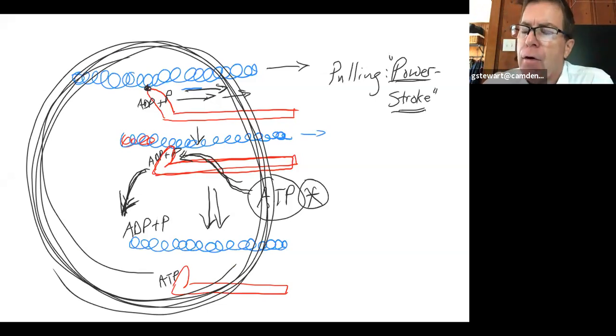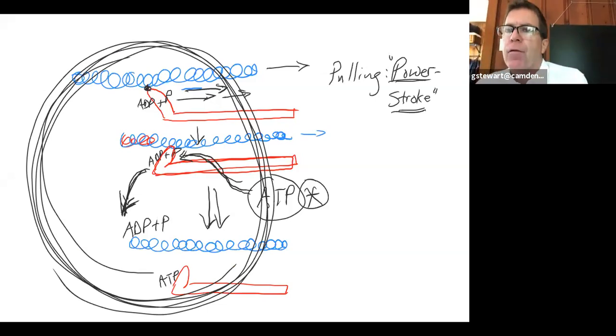I'm sure some of you have heard of the term rigor mortis, which is the continued state of skeletal muscle contraction after a person dies. This whole process sort of explains how rigor mortis occurs in people.